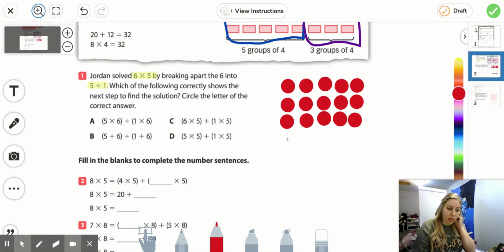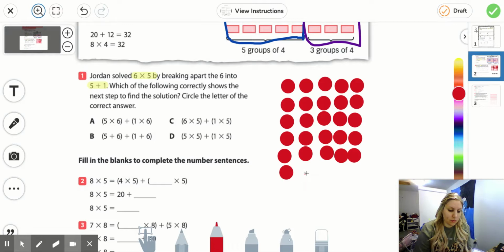There's row 3. And I'm going to do this until I have 6 rows of 5. 1, 2, 3, 4, 5, 6 with 1, 2, 3, 4, 5 in each row. Perfect. So I have 6 rows with 5 in each row.